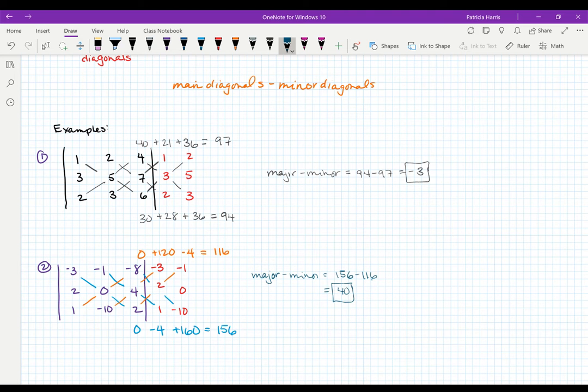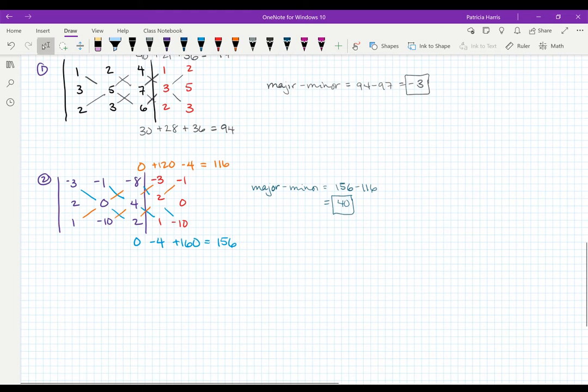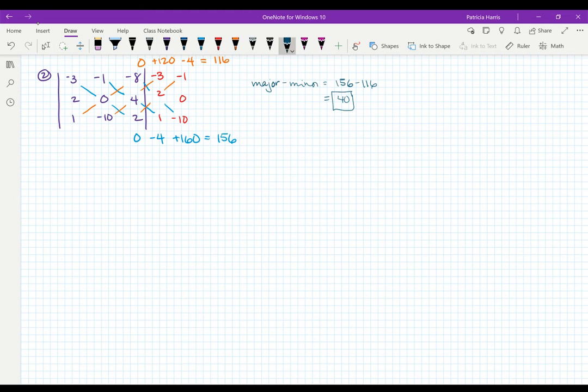All right. So now what we're going to do is we're going to do one example of an application. Okay, we are going to find the area of a triangle. Okay, and then we'll also begin to talk about systems too.